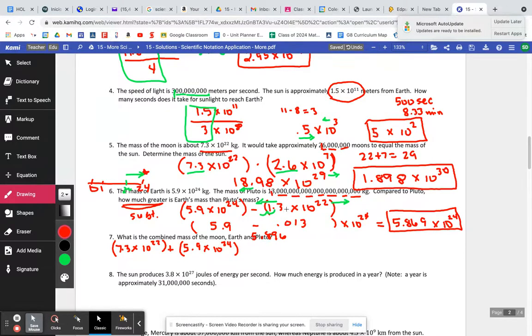And then Pluto, we already figured it out, was 1.3 times 10 to the 22. Okay, I'm going to go for 22 this time because 2 of them are already that. So if I try to make all of these times 10 to the 22, see, this one's already done, 1.3. This one out here is already done also, 7.3. So all I'm going to have to do is figure out the 5.9.